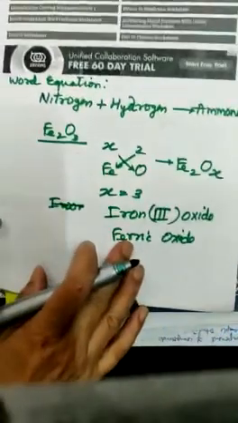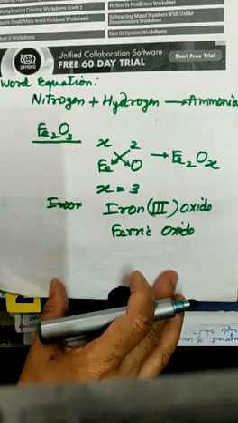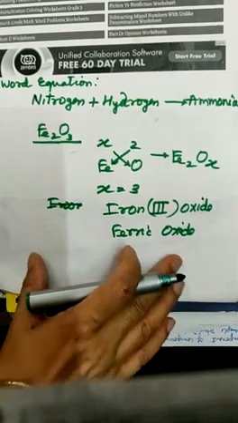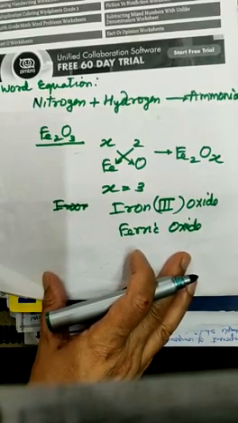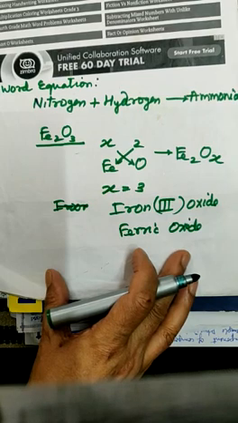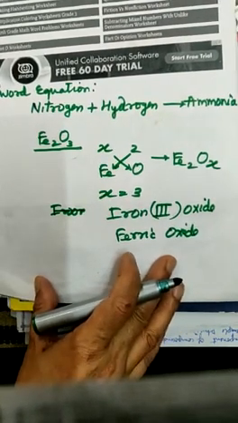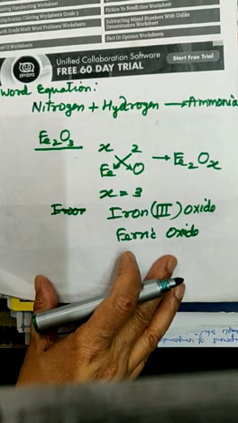And if the name of the compound is given, then there is no problem. By name only we will understand whether it is, if it is ferrous oxide, it means it is iron 2 oxide. If it is ferric oxide, it means it is iron 3 oxide. Children, in some cases, you see that the name is given as copper oxide or iron oxide.